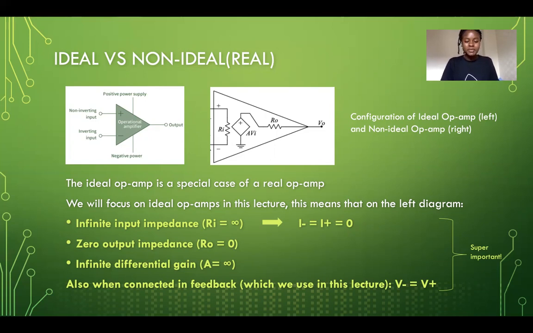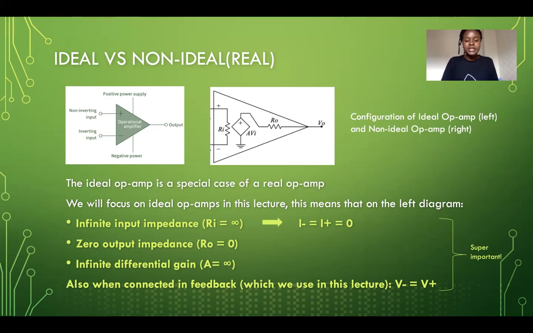In the next few minutes, well, I said few, but the next 40 minutes or so, we're going to talk about ideal op amps. This means that on the left diagram, we can conclude certain things. The first thing that we can assume is that we've got infinite input impedance.